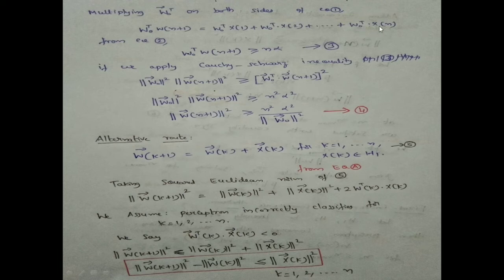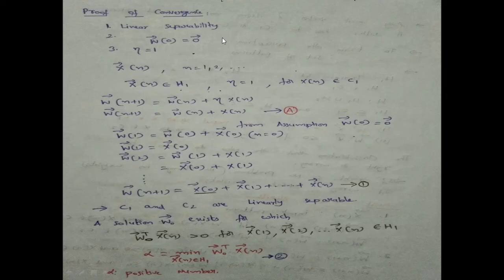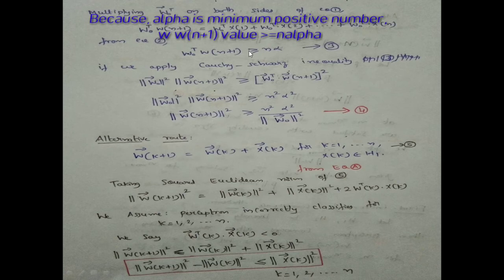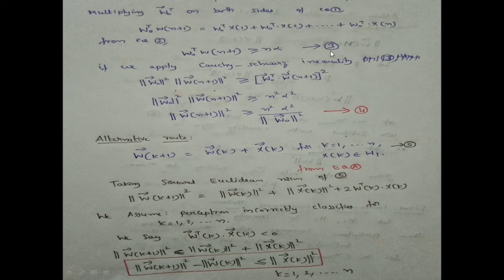From equation 2, each of these values is at least the minimum of W0 transpose x of n, which is alpha. So for x of 1 we take alpha, for x of 2 alpha, and so on up to n terms. So we can write W0 transpose into W of n plus 1 is greater than or equal to n alpha. Let us suppose that this is equation 3.